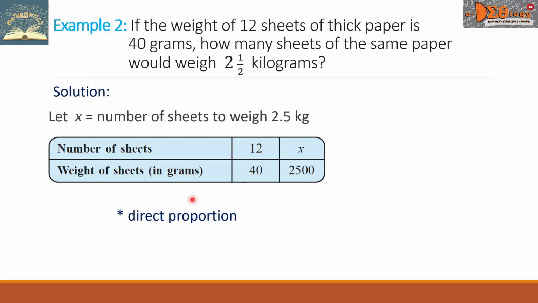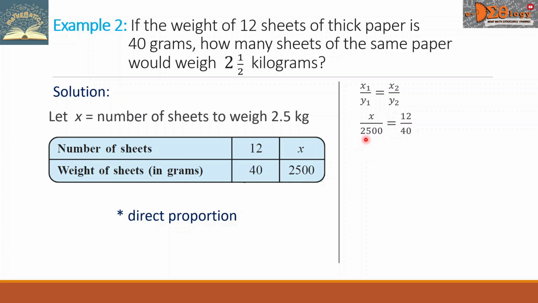And we see that this is again an example problem for direct proportion. So we use our formula. Let us substitute the corresponding values. We have now x over 2,500 equals 12 over 40. Let us solve for x.